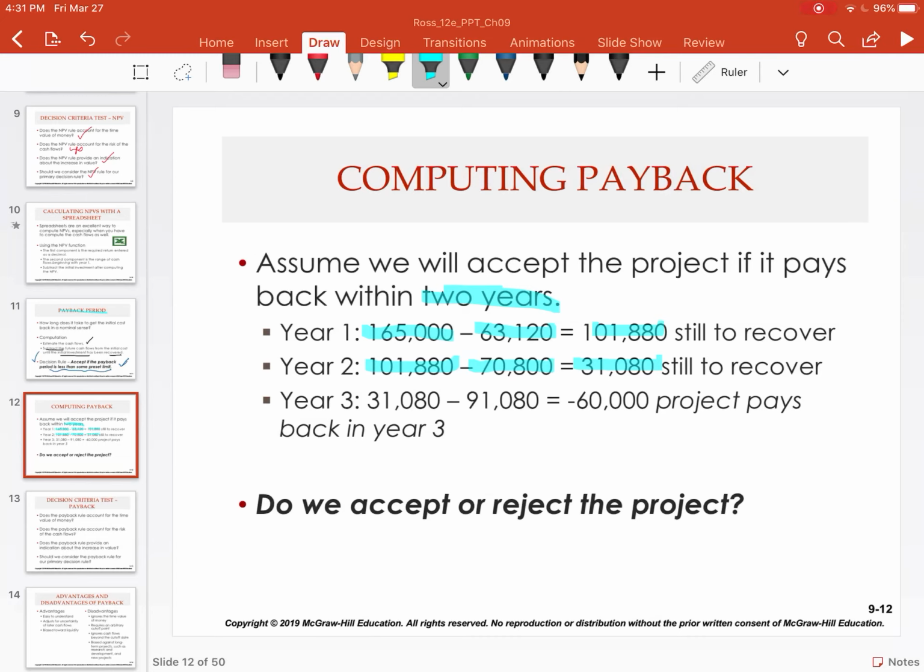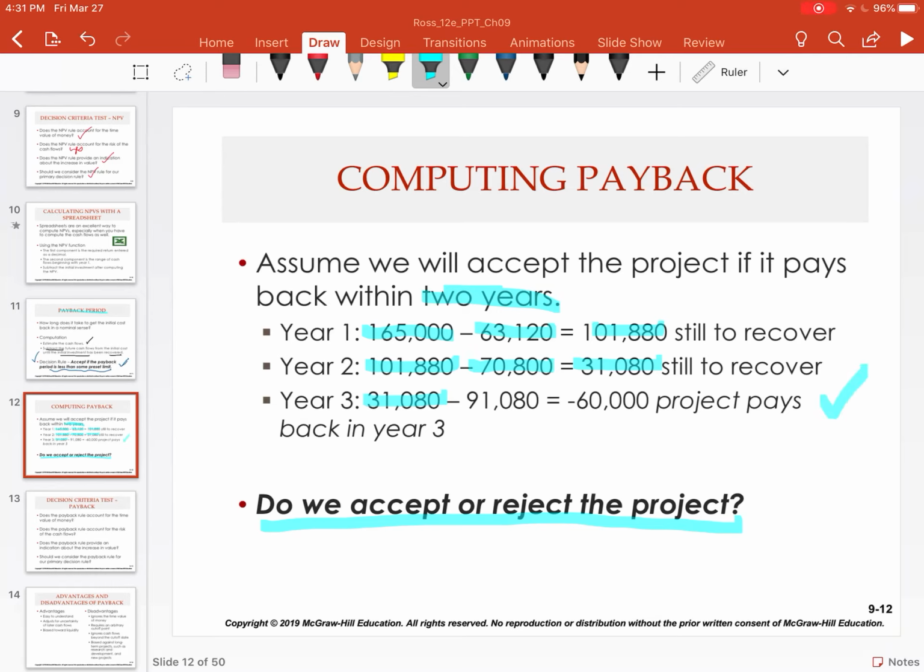Then the third year is the year in which we actually break even. We recover the balance of what we owe, and we actually receive $60,000 at the end of year 3. But the question is, do we accept or reject the project? Even though we recover fully in year 3, our decision process is based on our actual payback.